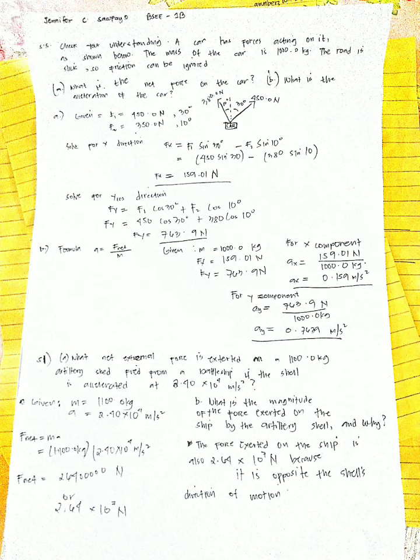So given mass is equal to 1,000 kilogram, Fx is 159.01 Newton, Fy is equal to 763.9 Newton.